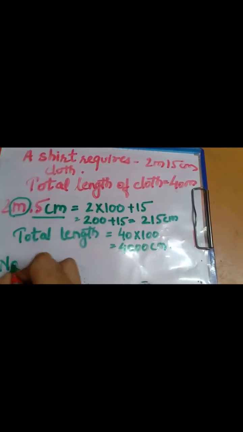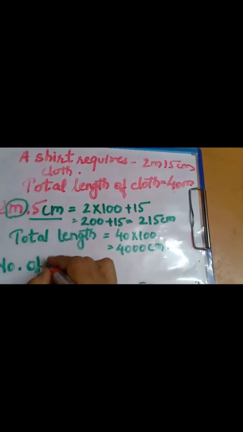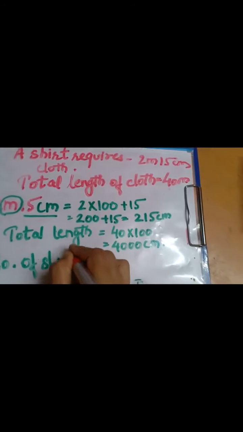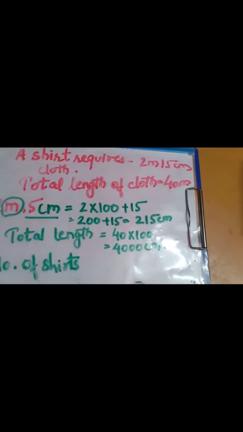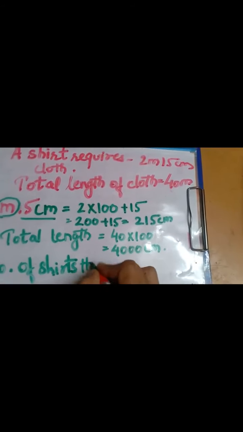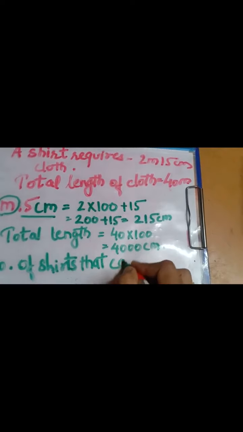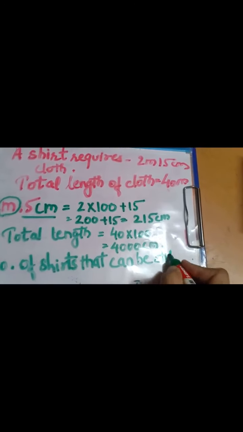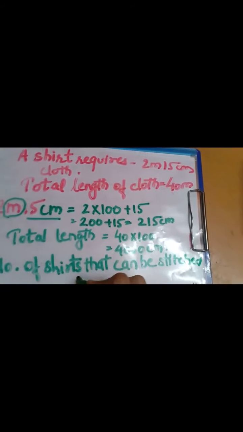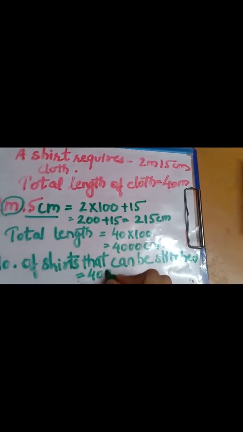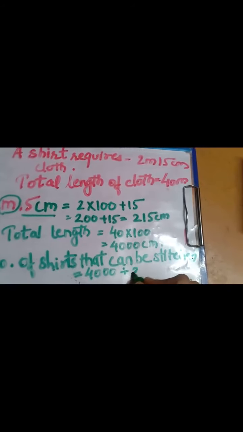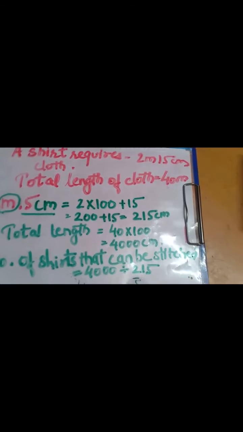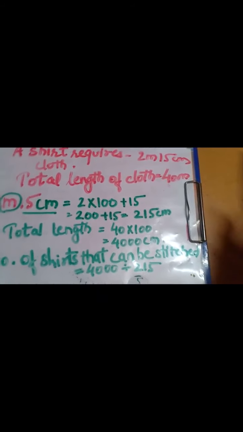So here we will write number of shirts that can be stitched equals to 4000 divided by 215. So now here we need to do the division.